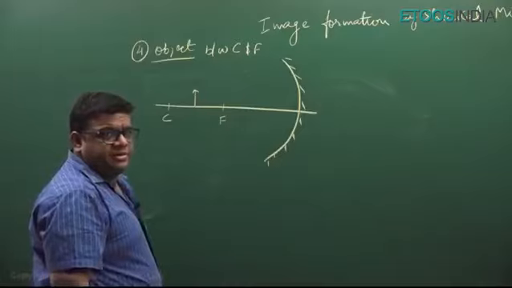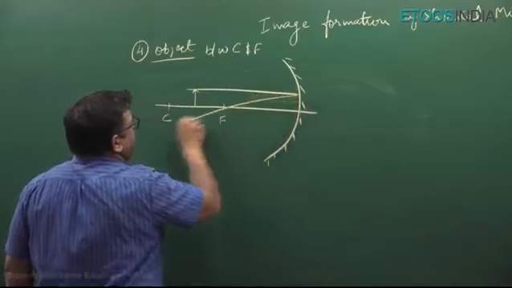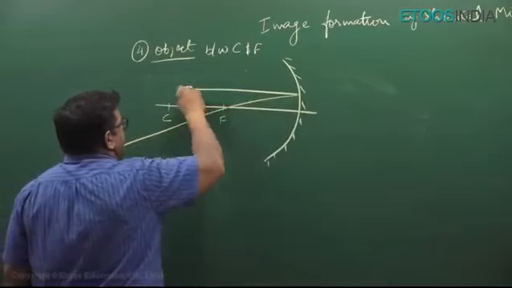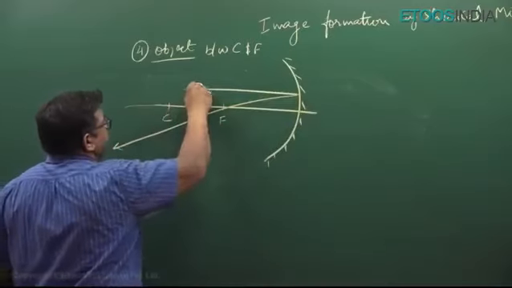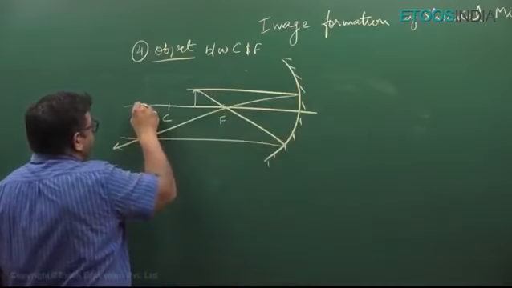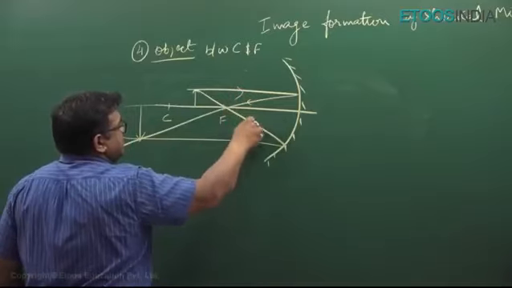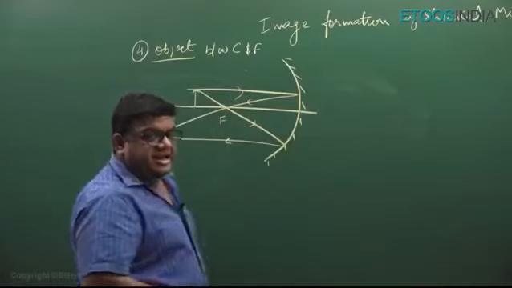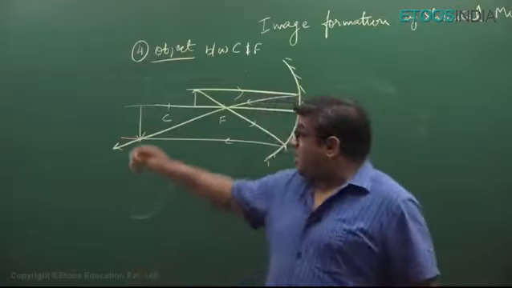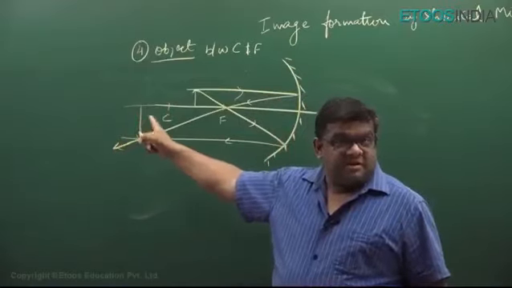So, we'll use rule number 1, a ray going parallel, and another ray, and you'll observe that these rays after reflection are meeting beyond C. Have you noticed?